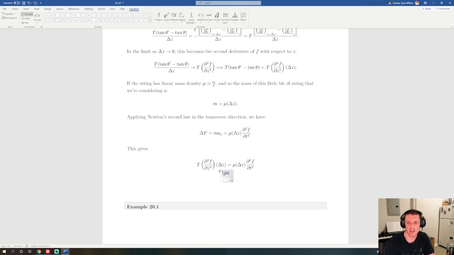Okay, what we end up finding is that the second derivative of f with respect to z equals mu over T times the second derivative of f with respect to t. Right, so the second derivative of this function with respect to z equals mu over big T times the second derivative of this function with respect to t. And this is the wave equation.